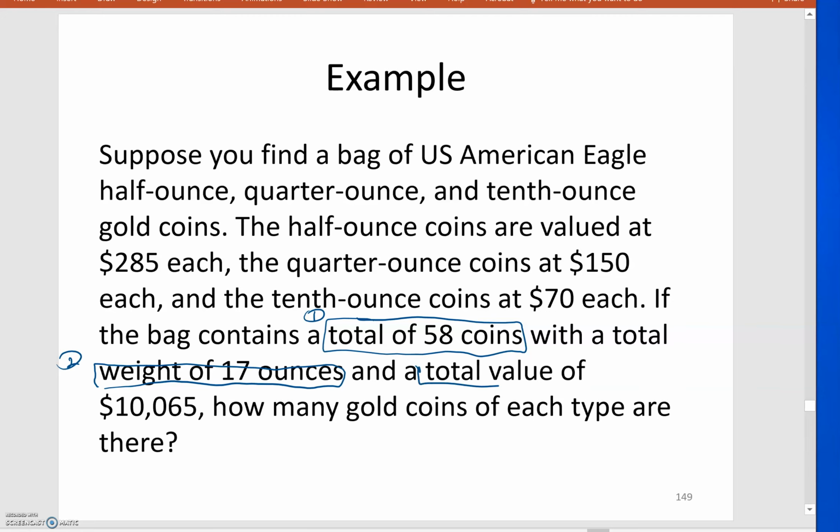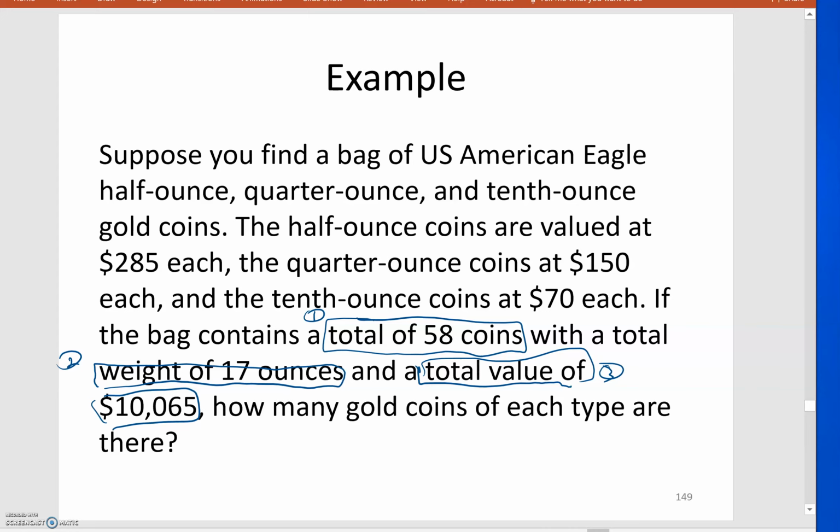And we have a total value. Okay, so the reason I'm numbering these is just to classify them so you can think about what are the different types of equations that we're going to have.